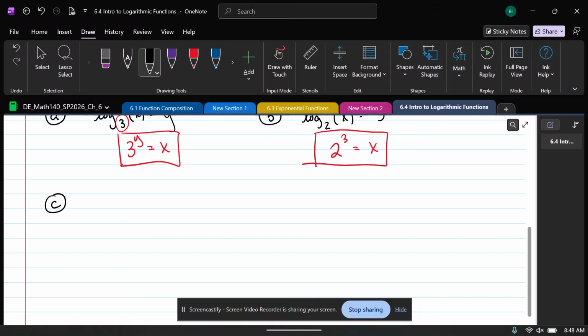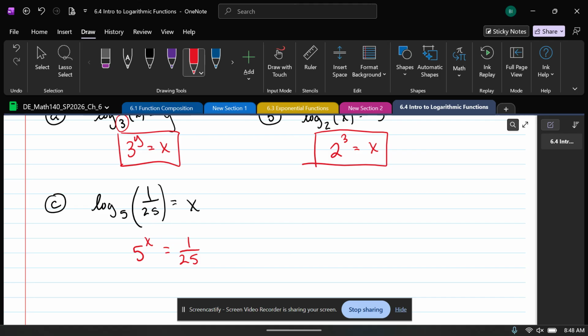Let's say we had log base 5 of 1 over 25 is equal to x. All we're doing is rewriting it as an exponential. What's the base? Exponent? X. What's it equal to?